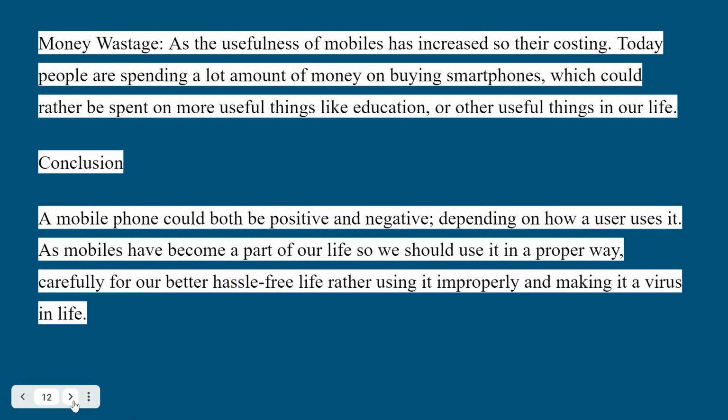Then money wastage. As the usefulness of the mobile has increased, so has its cost. Today people are spending a lot of money on buying smartphones, which could rather be spent on more useful things like education in our life. Then the last part of the essay is the conclusion.